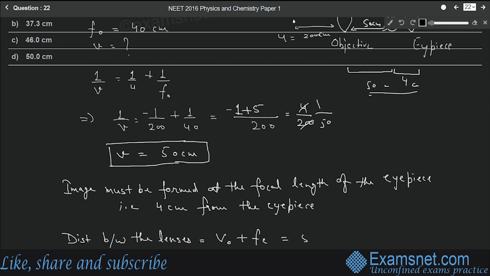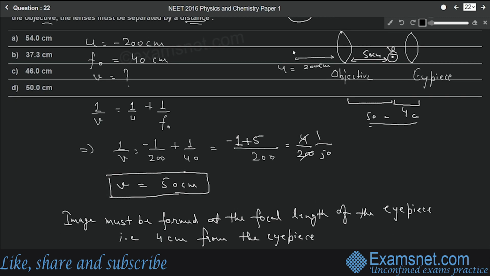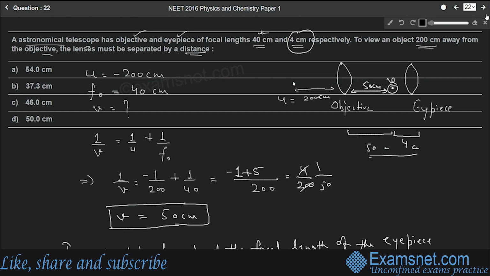That is 50 centimeter plus 4 centimeter, equal to 54 centimeter. So this should be the distance of separation between the two lenses. So the first option only is the correct one, 54 centimeter. Option A is the correct answer.